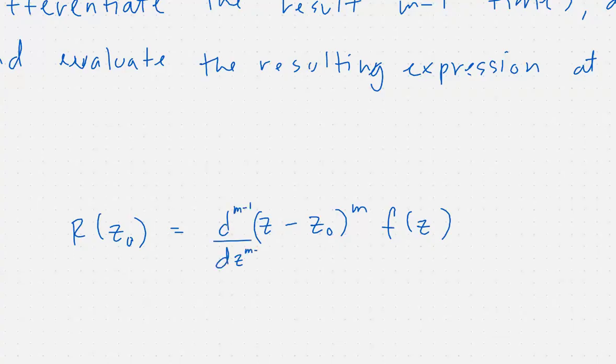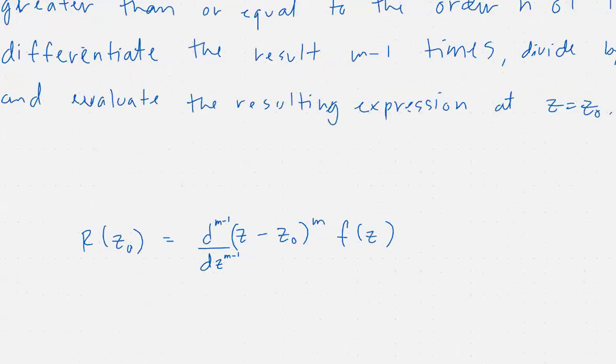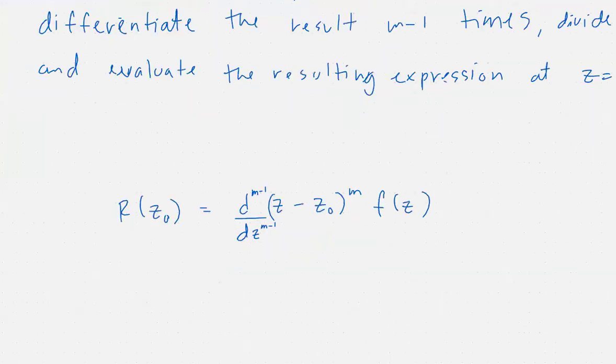Divide by m minus 1 factorial, so 1 over m minus 1 factorial.